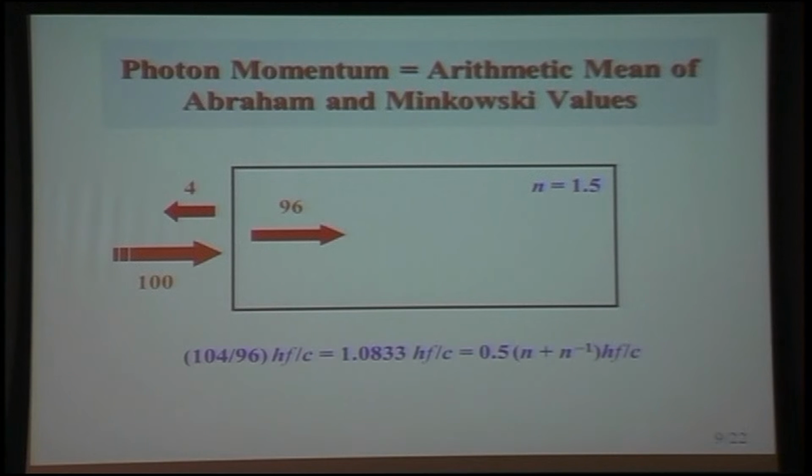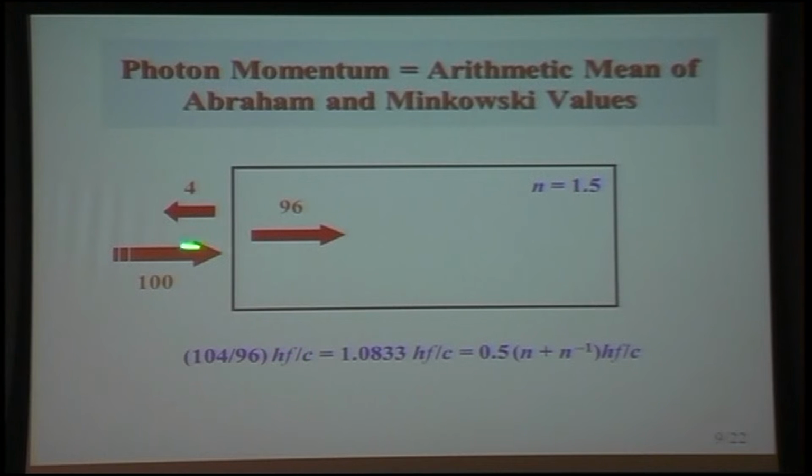Therefore, each of the 96 photons should have a momentum equal to 104 divided by 96 times h bar omega over c. And if you write it down, with the reflection coefficient of the glass, you will find that this is exactly halfway between the Abraham and Minkowski values. So that's the total momentum inside the piece of glass, halfway between Abraham and Minkowski values.